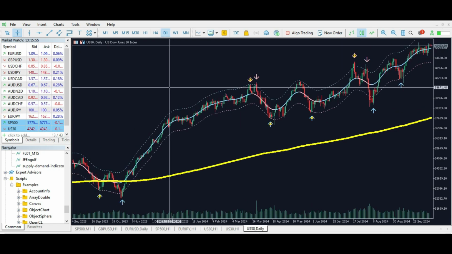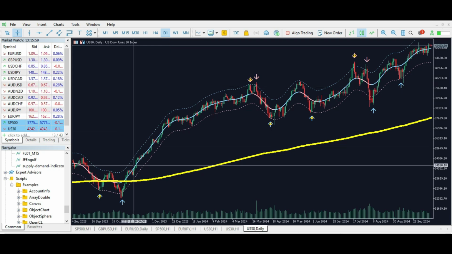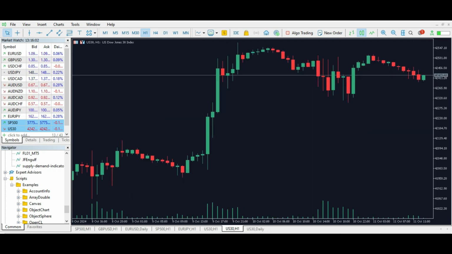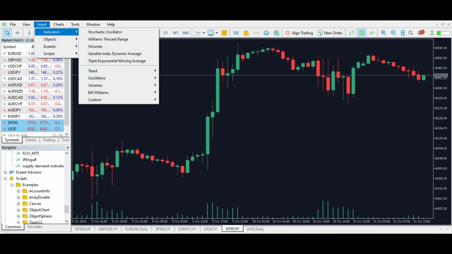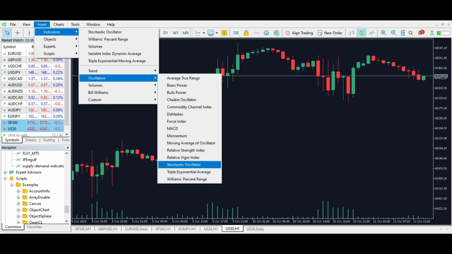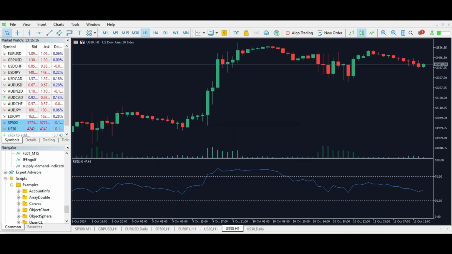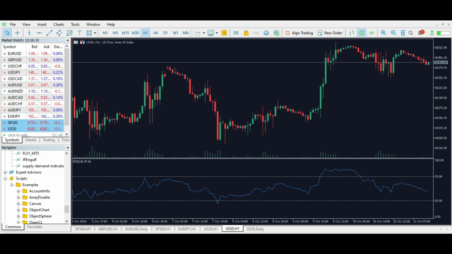If you are a scalper or if you are intraday trading and you want to find a good strategy for DAO, what we can do is use Fibonacci retracement, because the index respects Fibonacci retracement very well. What I do, I insert the oscillator relative strength index, and I will show you, just pick, for example, something like this.